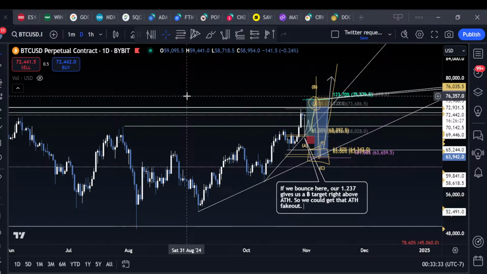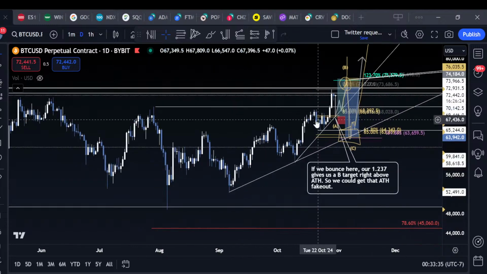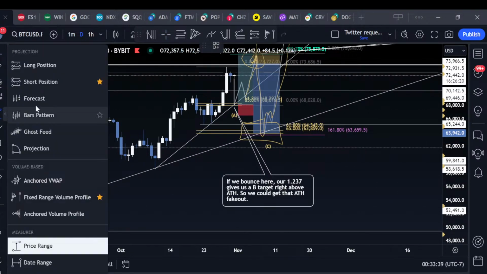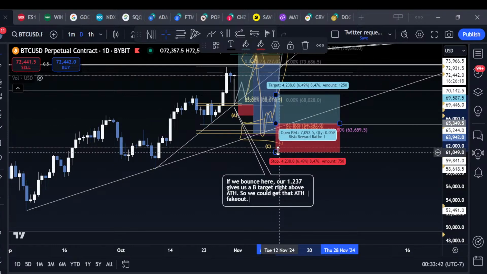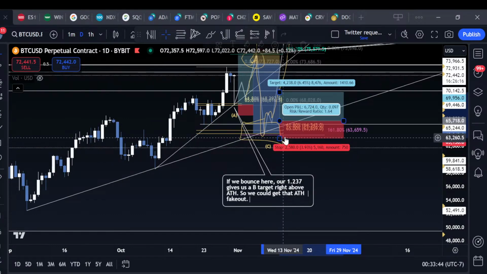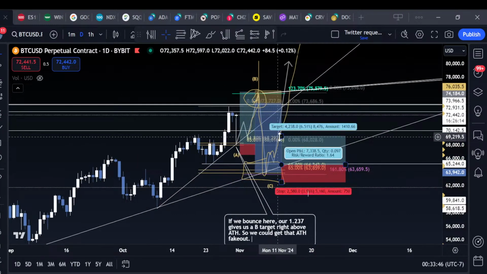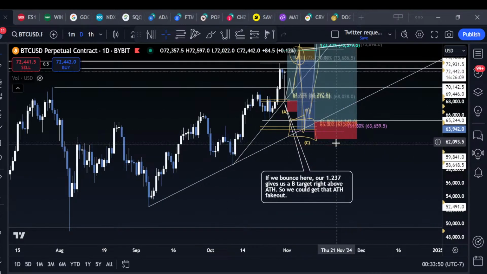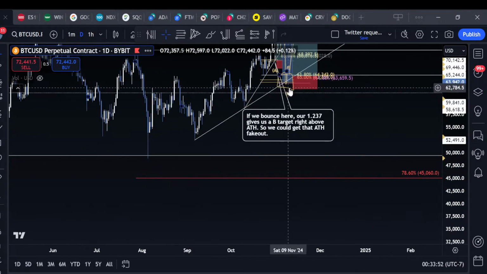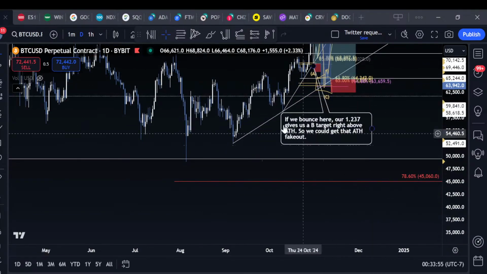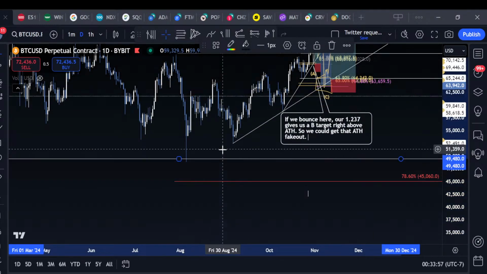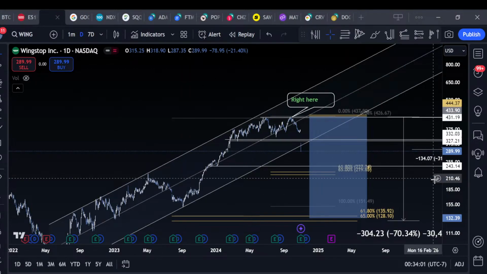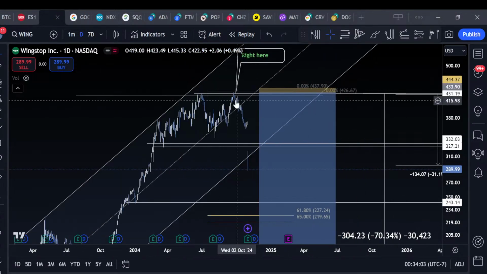For me, the central idea of a long here is I'm willing to long with defined risk, and I want to cut my long if this is breaking down. I'll just cut it. I'm not investing. I'm not taking a 5x leverage long and just letting myself get liquidated. It's a defined setup, right? Same thing with Wingstop. This is a nice structural idea for a short.